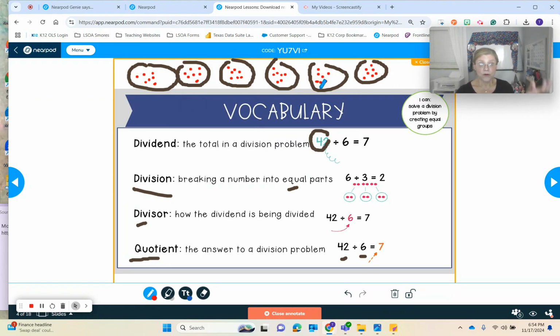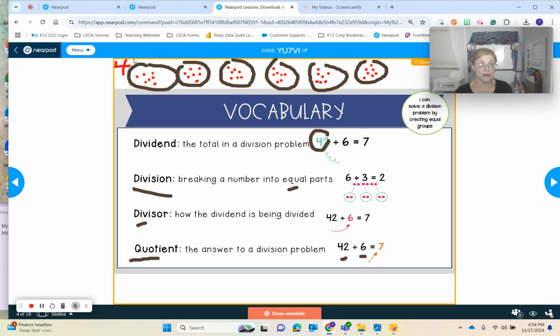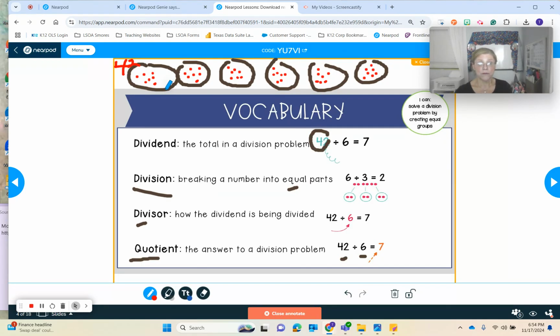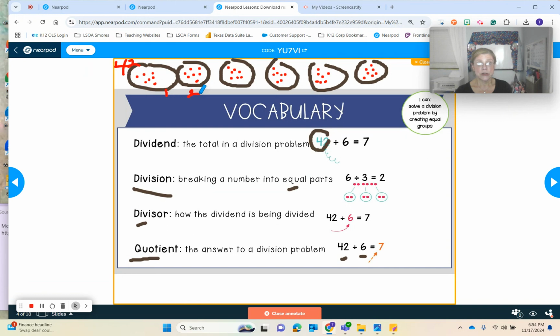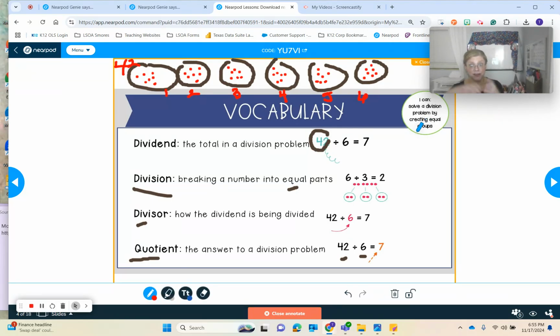So we had our 42. That was our dividend, 42 right here. We broke that 42 up into 6 equal groups. 1, 2, 3, 4, 5, 6. That's our divisor. Those are our 6 equal groups. And then how many dots were in each group?